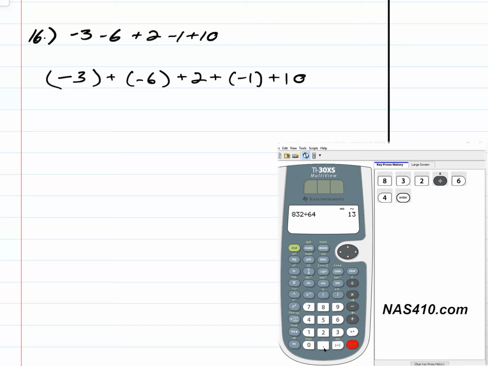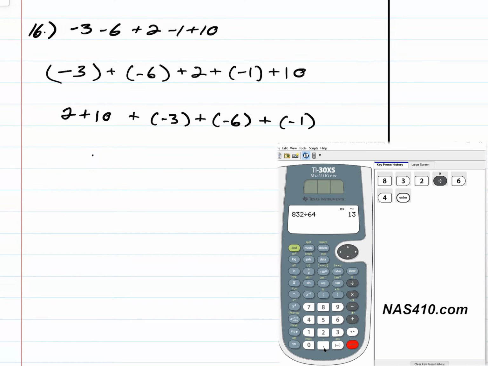Okay, and now you don't have to do this next step, but I like to do it. I'm going to rewrite this so I have all my positive numbers on one side and all my negative numbers on the other side. 2 plus 10 plus -3 plus -6 plus -1. Okay, and now I just solve it.